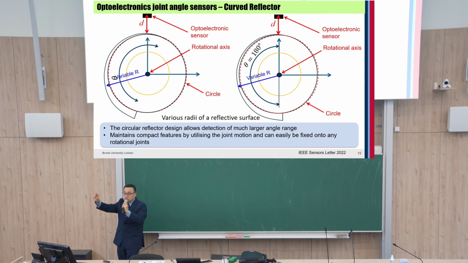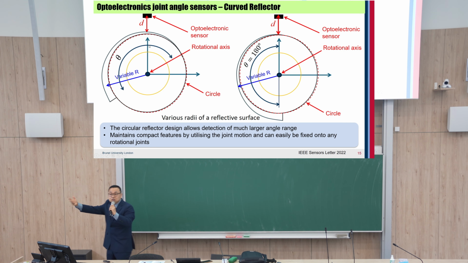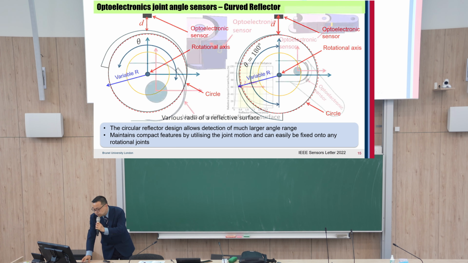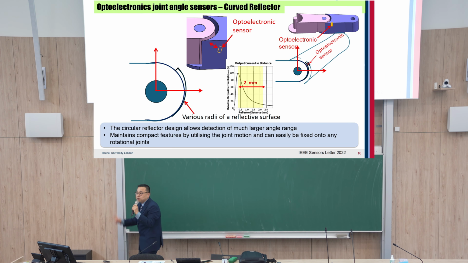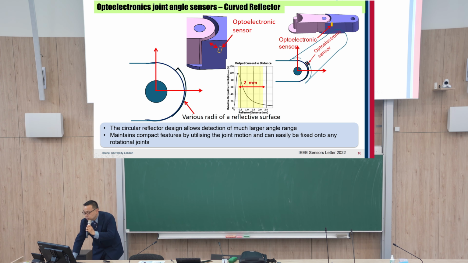Once we know the distance measured by the sensor, we can reversely measure the rotational angle.